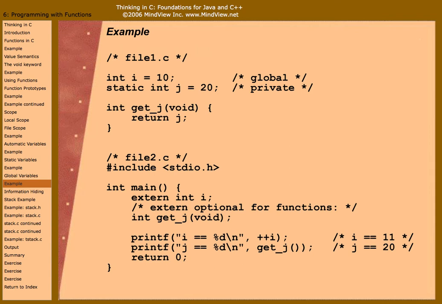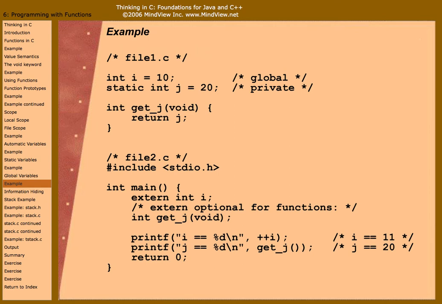One of them is global, that is, it has program scope, and one of them is not. I is global because it does not have the keyword static in front of it. J is private to the file file1.c because of the keyword static. So what that means is I cannot access J from another file, but I can access I.